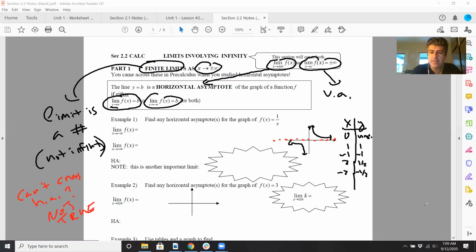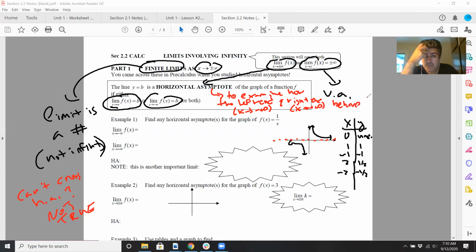The whole point of a horizontal asymptote is to examine how the left end, which is when x is approaching negative infinity, and the right end, which is when x is approaching positive infinity, behave.